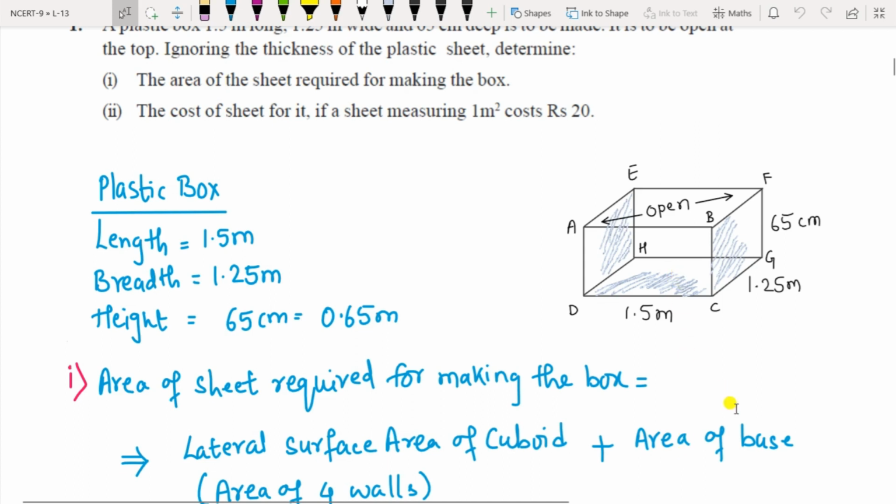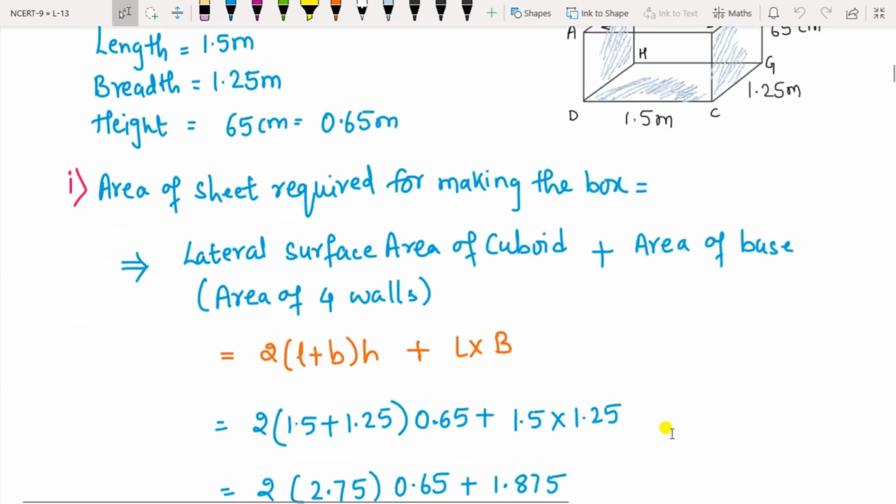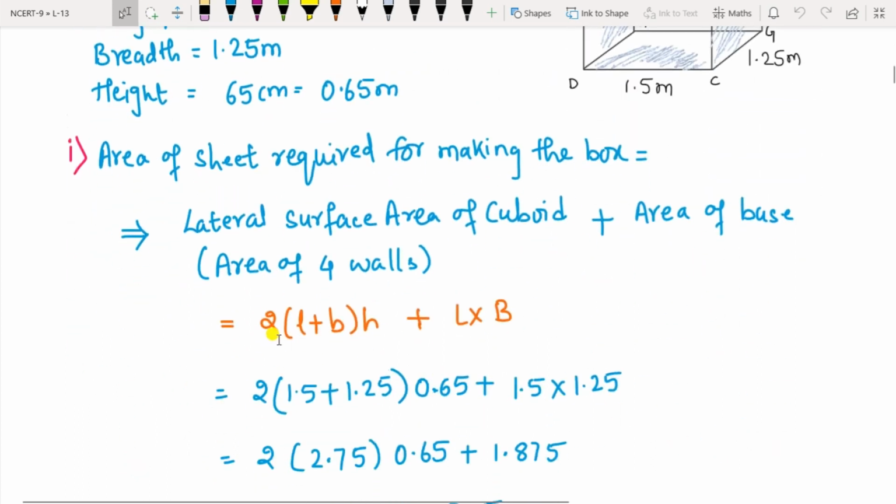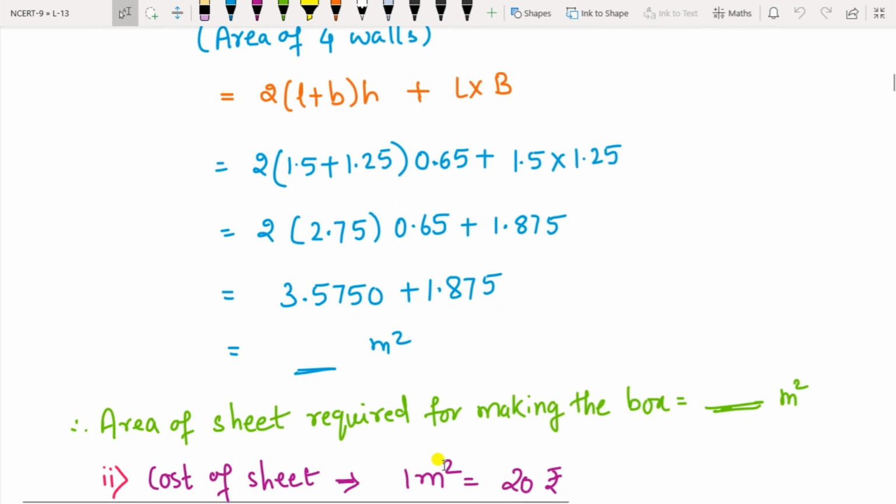and the area of the base. The lateral surface area formula, from the above you can see, is 2 bracket L plus B into H, and the base is a rectangular piece, so the area of the rectangle will be L into B. Substitute all the values here. You have to add this first and multiply, then you get 3.5750 plus 1.875.